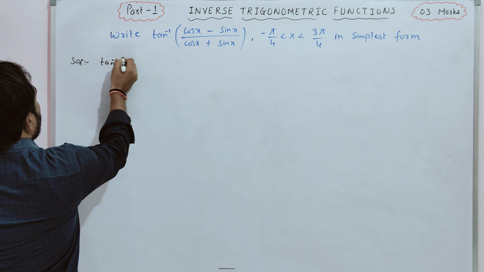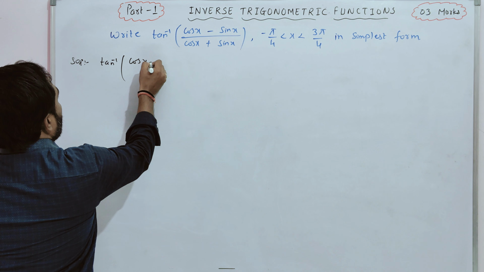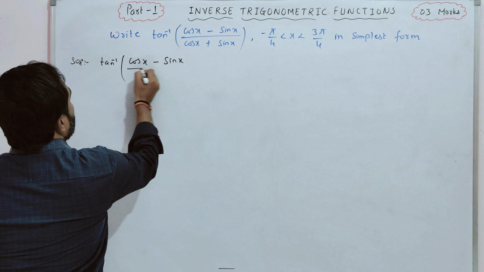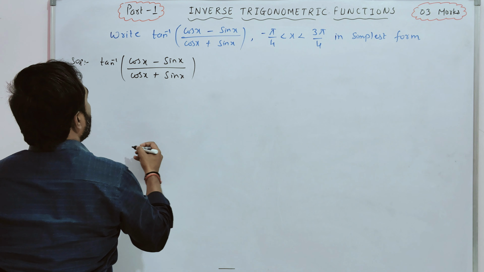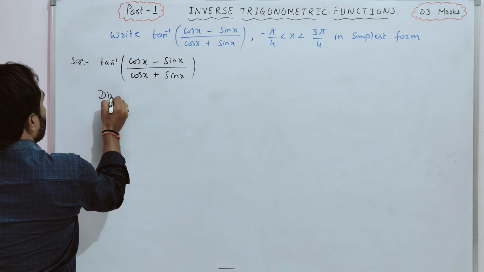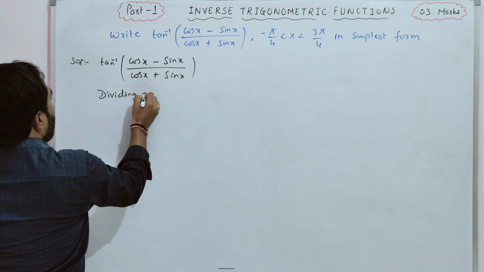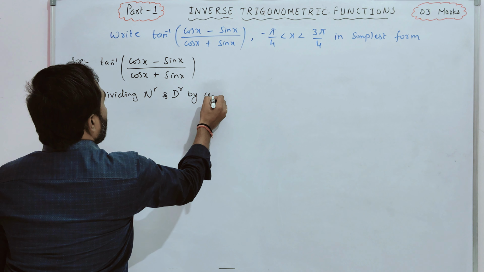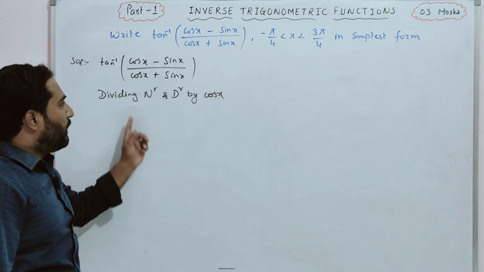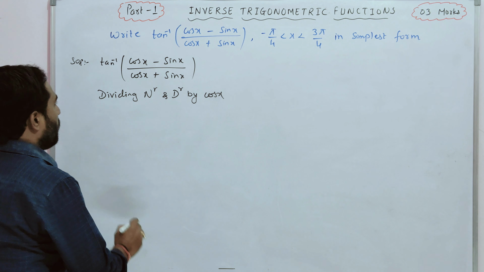He has given tan inverse of (cos x minus sin x) divided by (cos x plus sin x). Let us divide all the terms of the numerator and denominator by cos x.